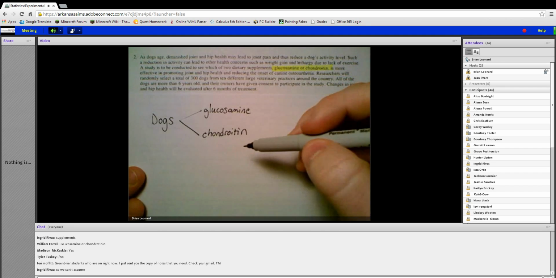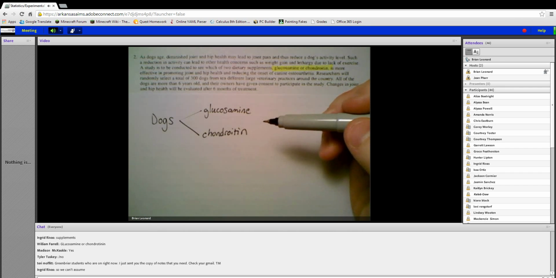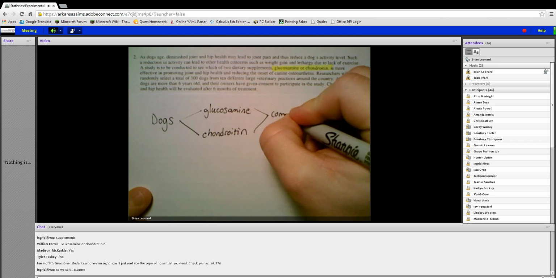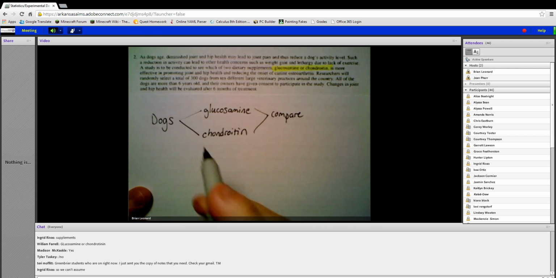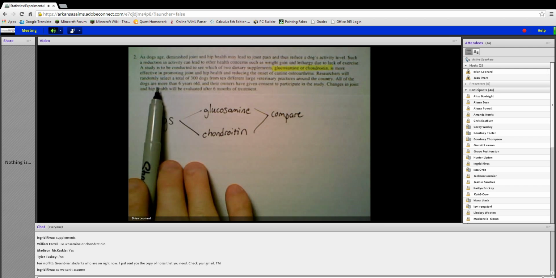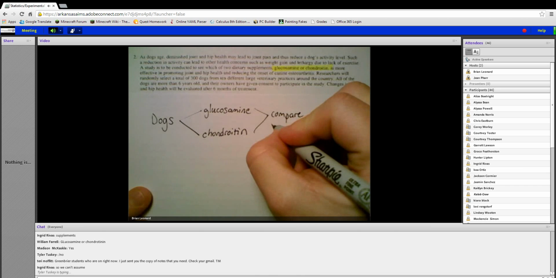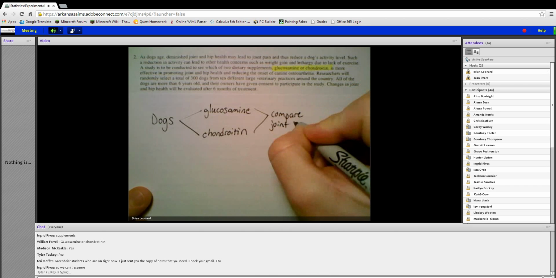So here's the deal. Yeah, we can't really assume, Ingrid, you're right. So the deal is, what are we comparing in the end, though? We're comparing, let's see, I think it says joint and hip health. Joint, hip health.